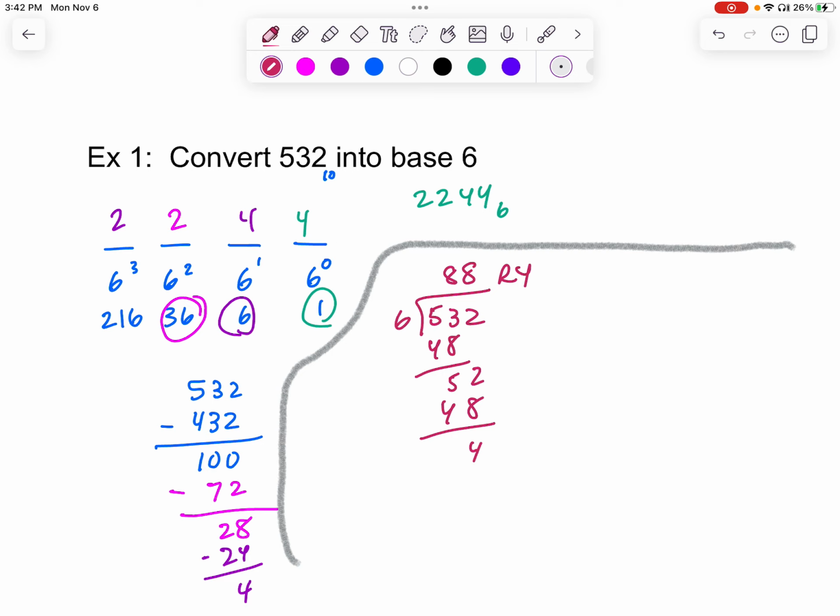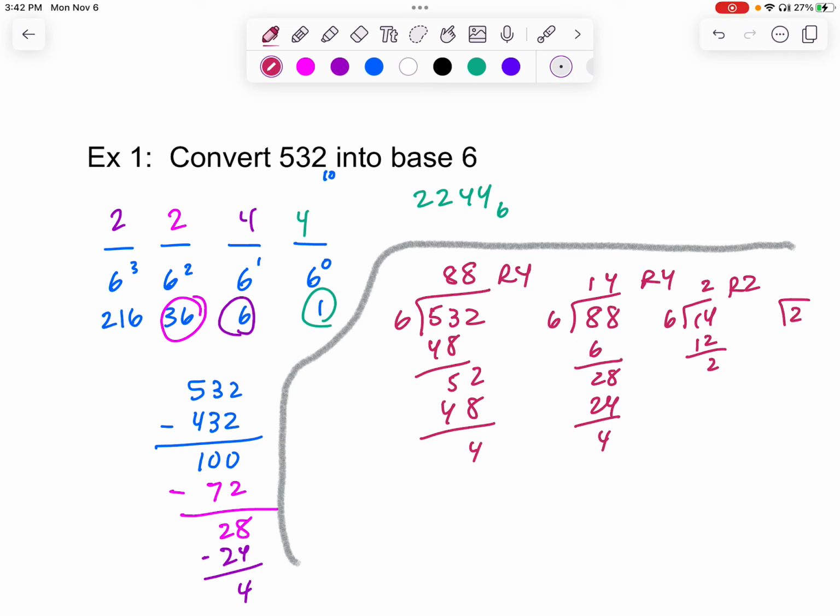That 4 is going to come into play in a little bit, but for right now, I'm going to go ahead and keep dividing. So I'm going to do 88 divided by 6, and again, I have a remainder of 4. Keep going. So I have 14 divided by 6, remainder of 2, and then I go one more time, 2 divided by 6, 0 times, remainder of 2.